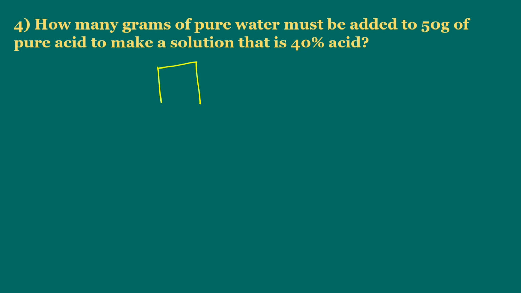We will be adding pure water and we will add that to pure acid. Okay, and that is 50 grams pure acid. What we do not know is how much pure water. Alright? We do not know this. And then we do not also know this one.